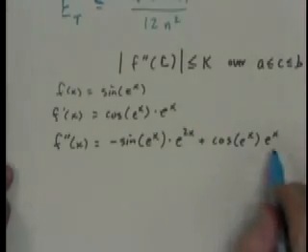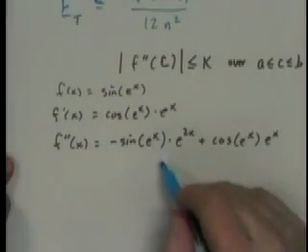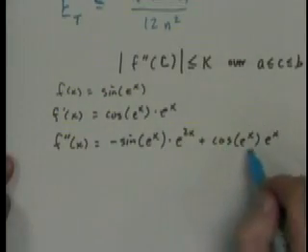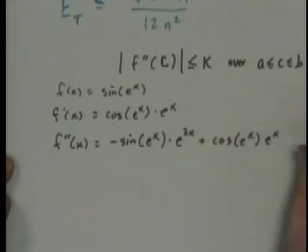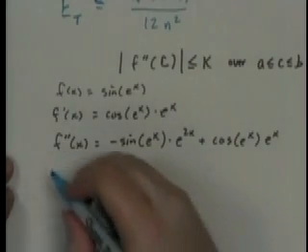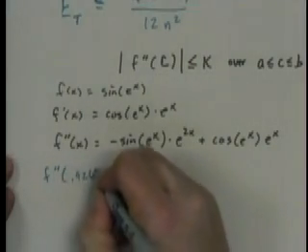The biggest e to the 2x and e to the x get on my interval are at x equals 1. So I could bound this and say it's e squared plus e, which is about 10. But I'm hoping I get a little better estimate here. So I'm going to try f double prime of 0.926 approximately.